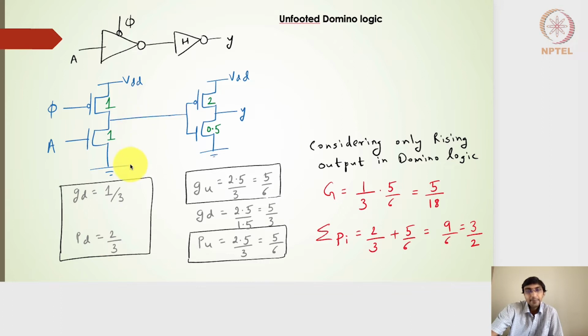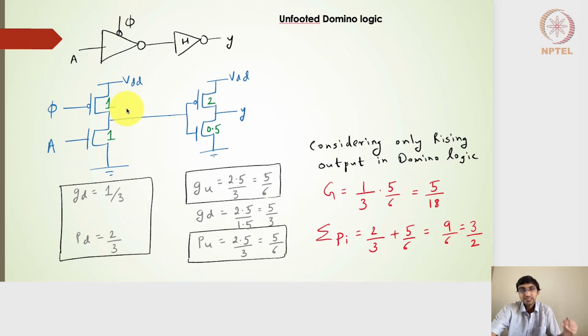We will be interested only in the falling output, because the rising output, or the high level logic, will be retained in the evaluation mode. So we don't have to worry about the delay of the rising output. We only have to worry about the delay for the falling output. For the rising output, the delay will actually be 0, because it is retained.